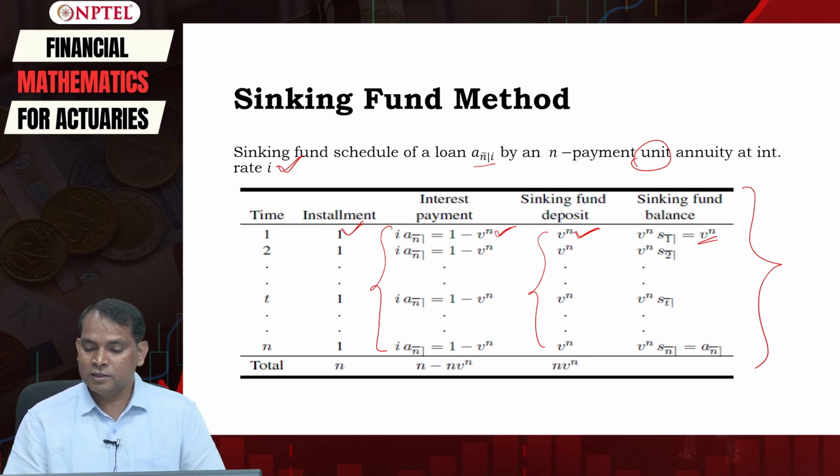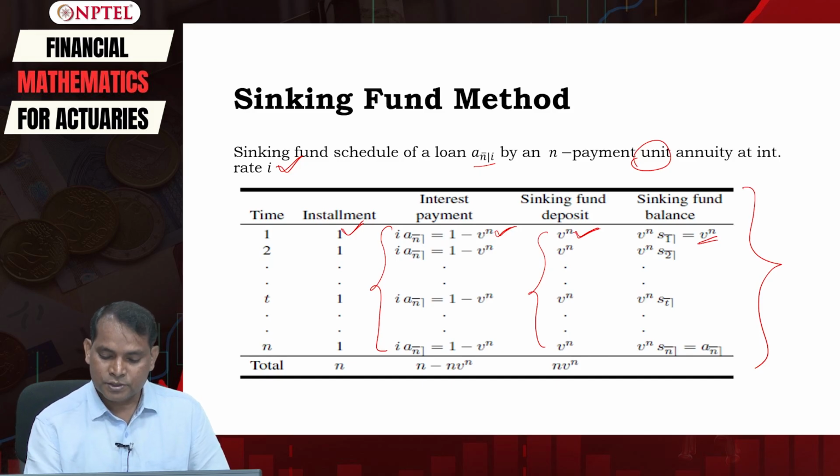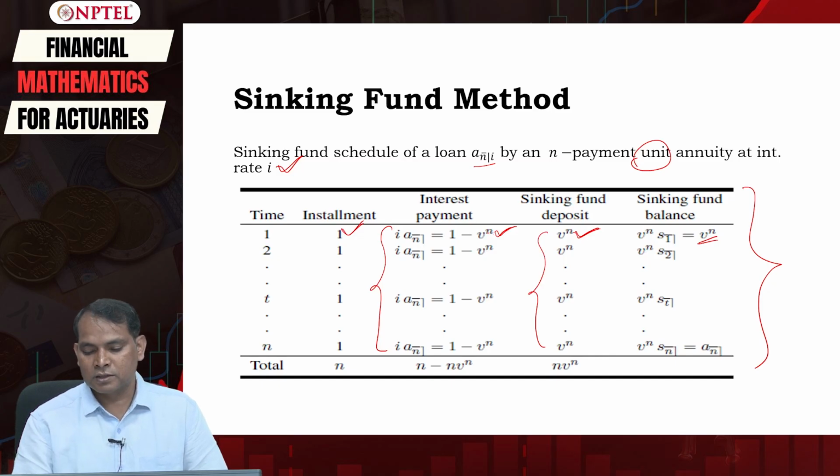On the other hand, in the loan amortization schedule, the interest payment was actually decreasing and the loan reduction was increasing. But here, the interest payment is constant. Every time you are making the same interest payment, and the borrower wants to deposit the same amount every time till the end of the period to accumulate the total loan balance or the principal.